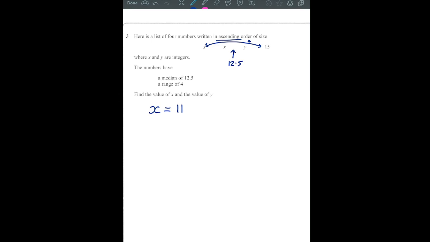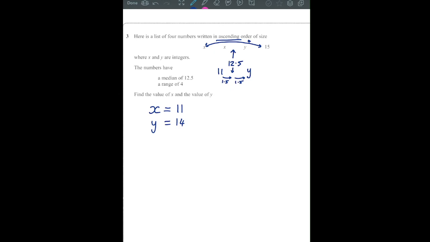Well, that now makes the median a lot nicer. 12.5 is in the middle of 11 and y. Well, lots of ways to think about it. 11 to 12.5 is an extra 1.5. If that's in the middle, it has to go an extra 1.5 on the other side. And 12.5 plus 1.5 gets me to 14.